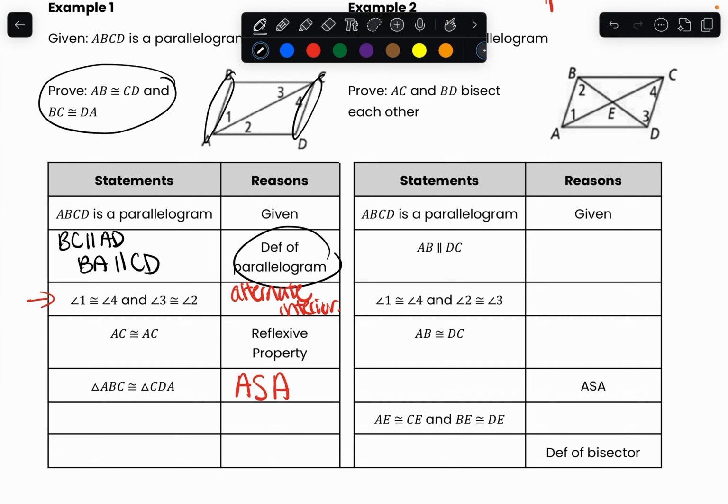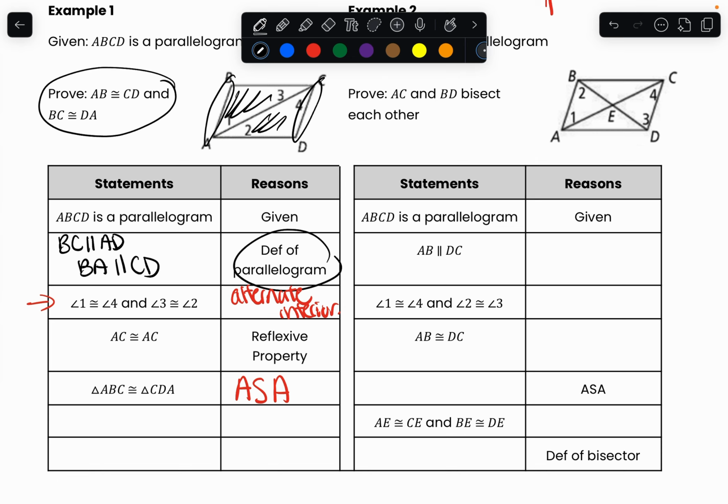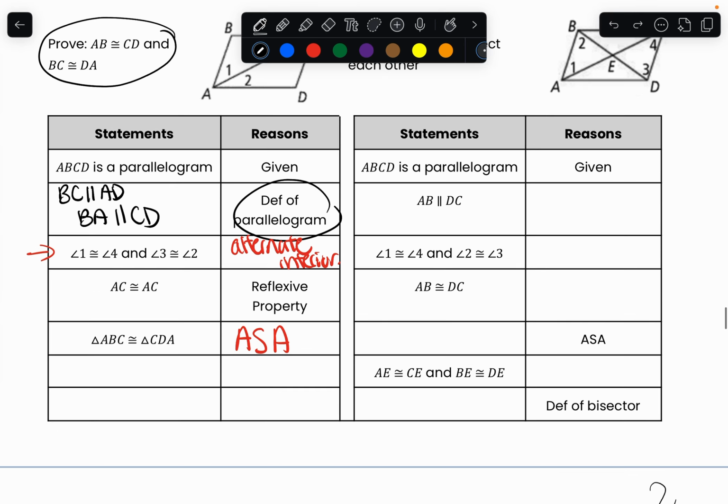Then, if these two triangles are congruent, their corresponding parts will also be congruent. This means that AB is congruent to CD, its corresponding part. So we know that corresponding parts of congruent triangles are congruent, and we can claim AB is congruent to CD.